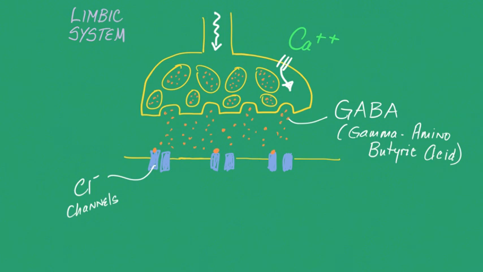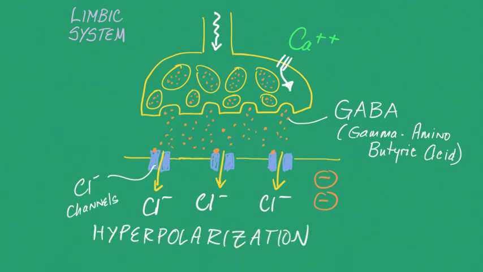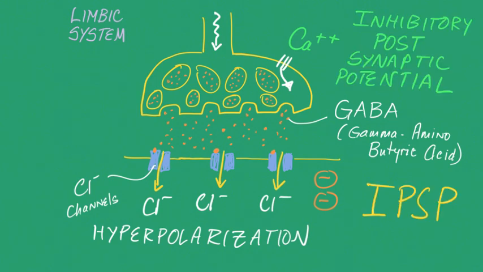Remember, these postsynaptic receptors are chloride channels, and these channels open and chloride rushes in, bringing negative charges to the postsynaptic neuron. This causes the voltage to drop below the resting membrane potential, resulting in hyperpolarization of the postsynaptic neuron. This causes the neuron to be inhibited, and we call this an inhibitory postsynaptic potential, or IPSP.